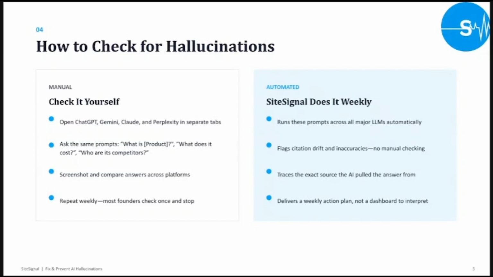An automated method is if you use SiteSignal, you set up your facts and you give the expected answer and you select what are the LLMs that you want to select. Generally SiteSignal will offer you ChatGPT, Gemini, AI Overviews, etc. And then it will flag what are the inaccuracies, and you don't have to manually check or compare or take screenshots.